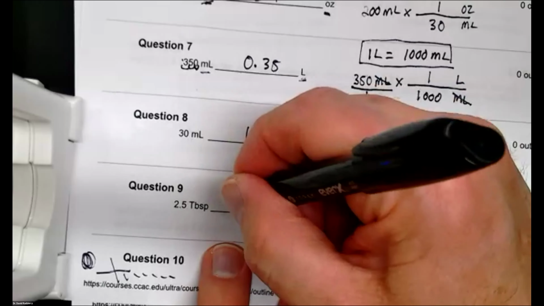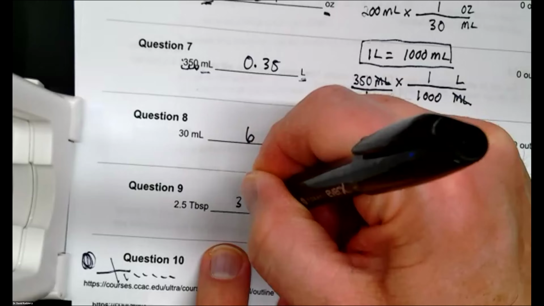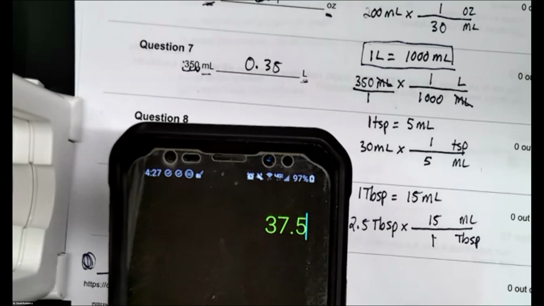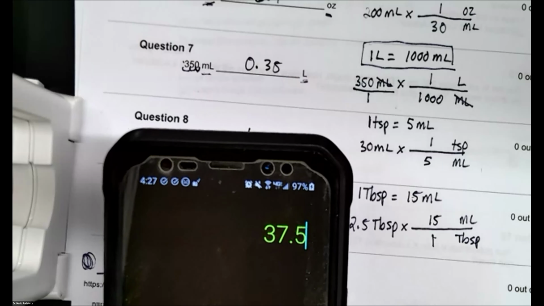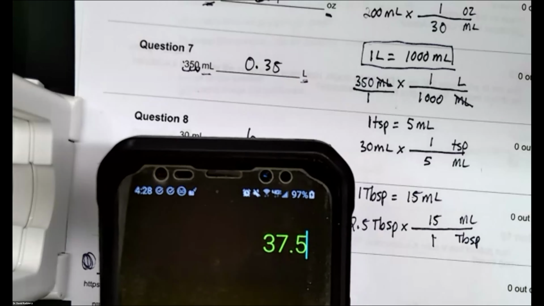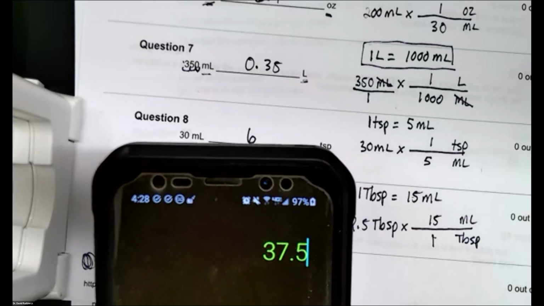So I'm going to take 2.5 times 15. And I'm going to get 37.5 ml. So that's what it goes up to. It just goes to 37.5. So you don't need to worry about rounding because it's already at the tenths place.